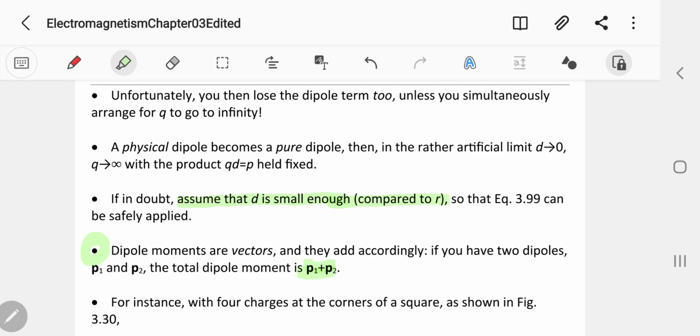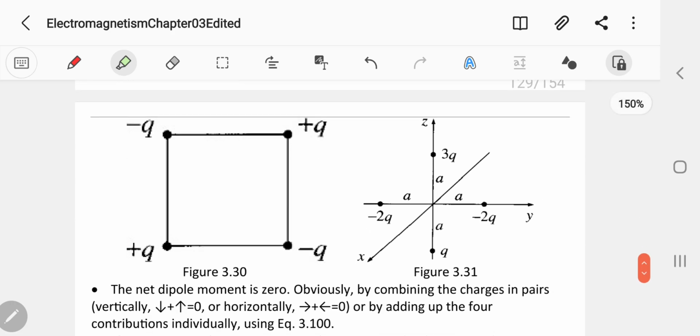So in a quadrupole, you have two dipoles, that one and that one.